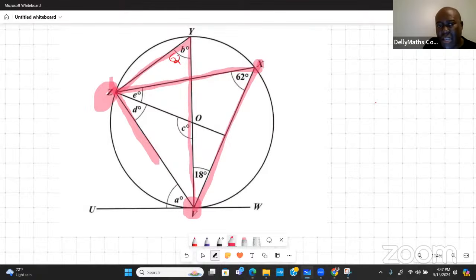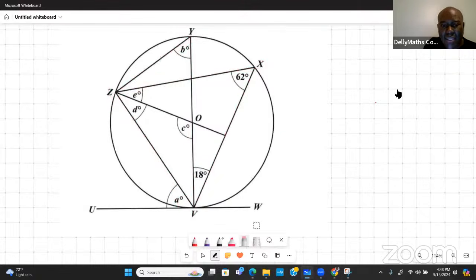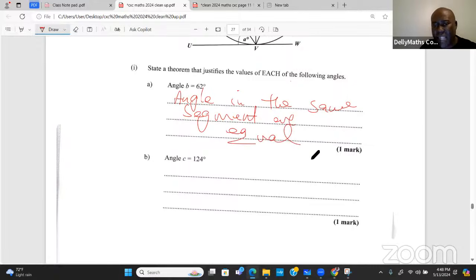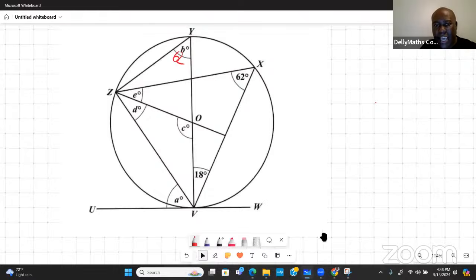See here, this is the line that segmented the circle right here. So angles in the same segment are equal, and that is why we can easily say that is 62 right here. So we want to drop that here. We could say the theorem is: angles in the same segment are equal. We utilize that and we're gone.